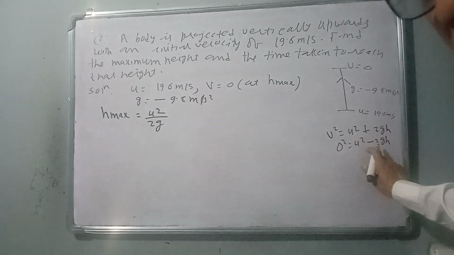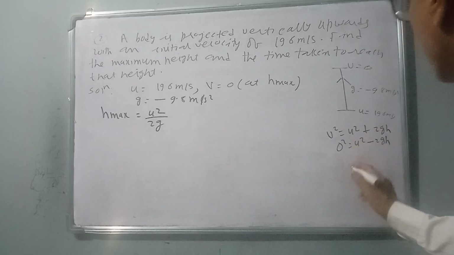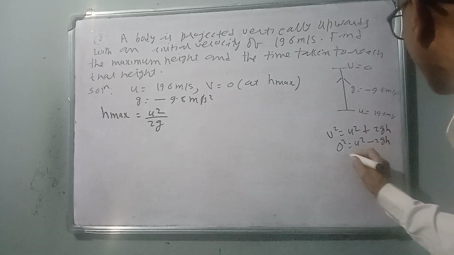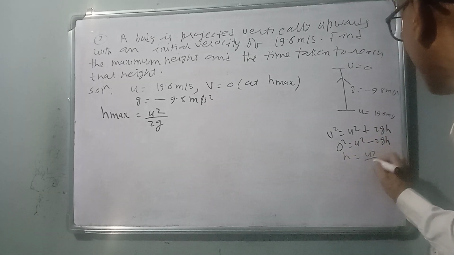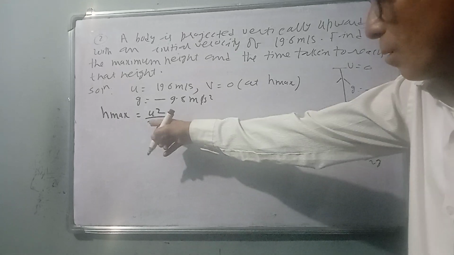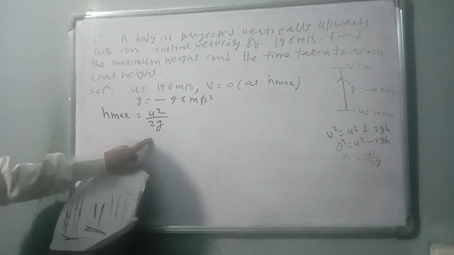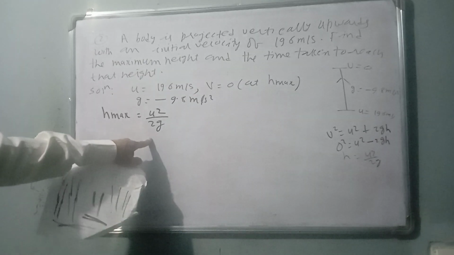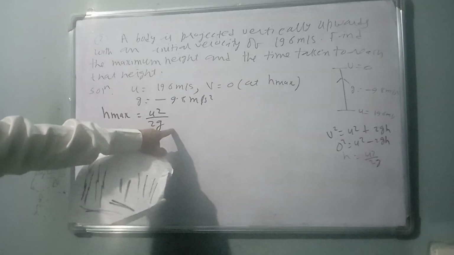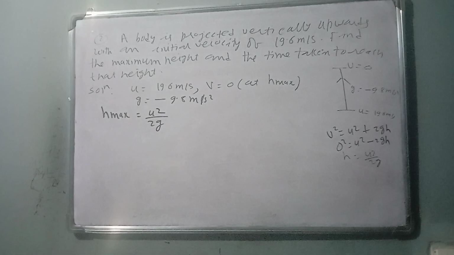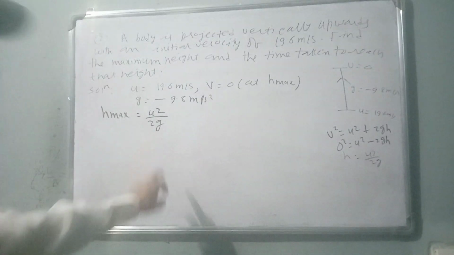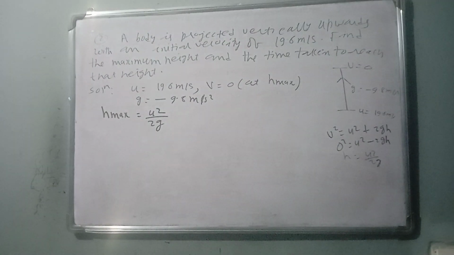From here, h equals U square by 2g. So maximum height for upward motion is U square upon 2g. For class 11 students, you can directly use this formula.